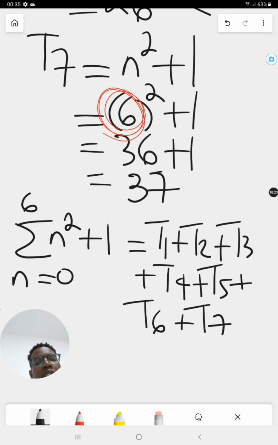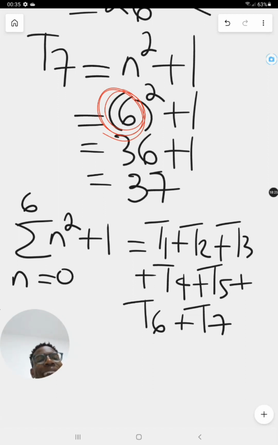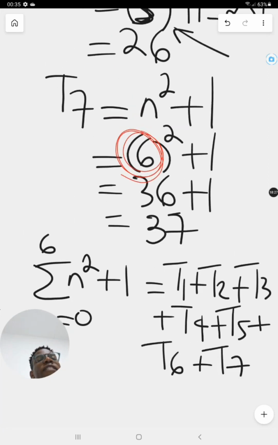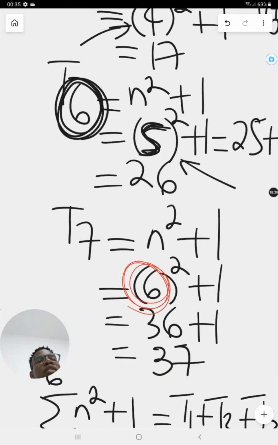We stop at T7, remember, because that's where n was equal to 6. Now we just have to add all these different terms.